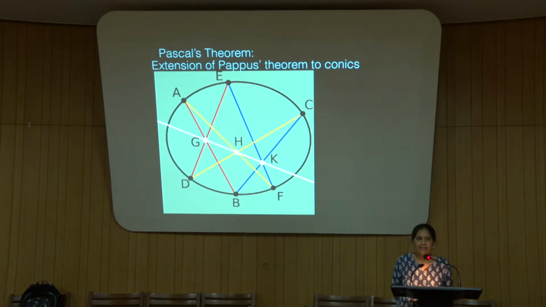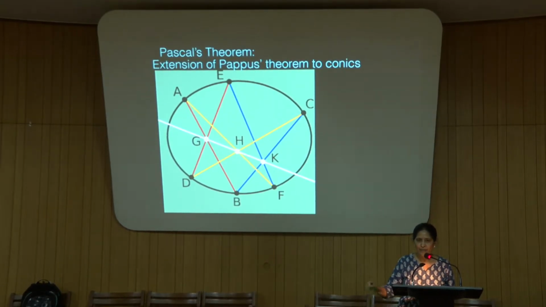So Pascal's theorem, as I had said earlier, is basically a generalization of Pappus's theorem to conics. So here, instead of those two straight lines which we had now, we have an ellipse. An ellipse is an example of a conic. So this diagram shows an ellipse, and you have the six points on the ellipse, A, E, C, F, B, D, right?